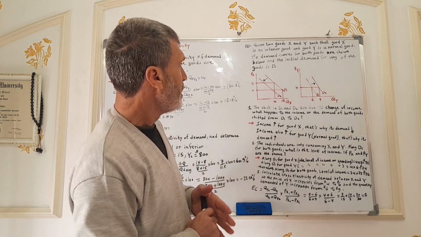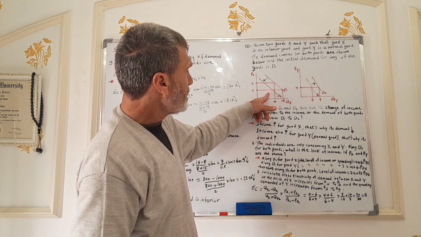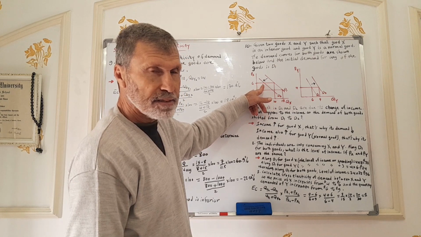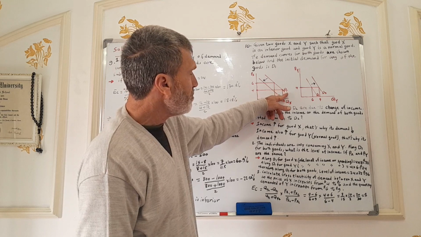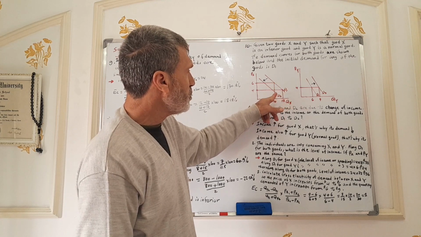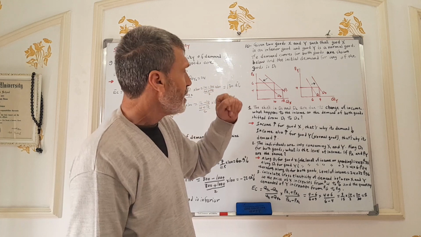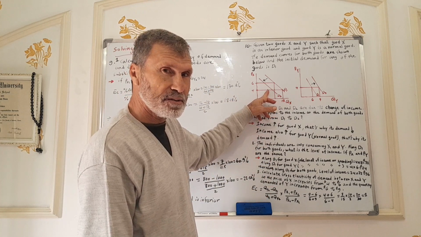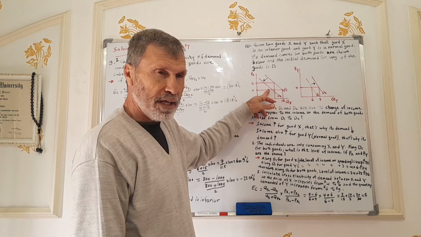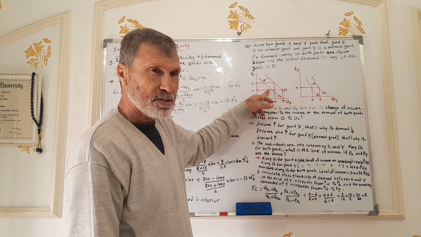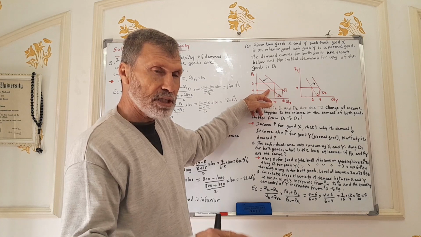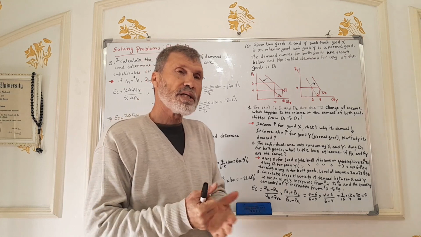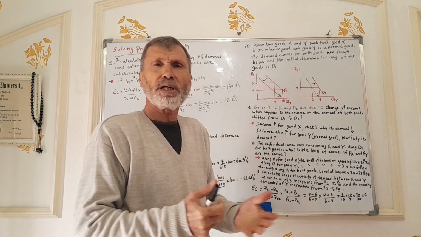Now look over here. For good X, D1 shifted to the left, from D1 to D2. Because good X is an inferior good, the only way for D1 to shift to the left, that is, for the quantity demanded to decrease, is when income increases.